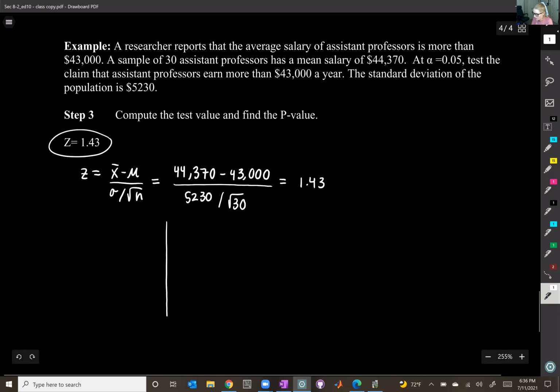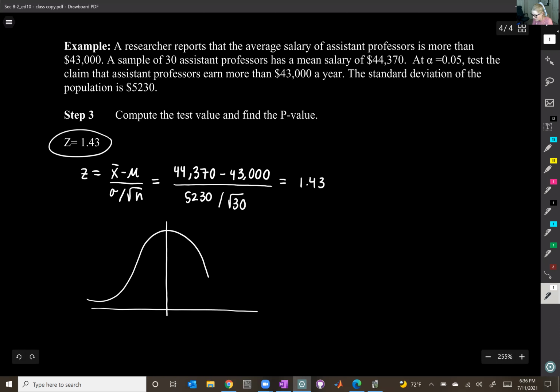So if we draw our normal distribution here, our value is, let's just say, right here. So we want the area that's in this tail. That's what we want. We know how to do that because we've done that before using our charts.